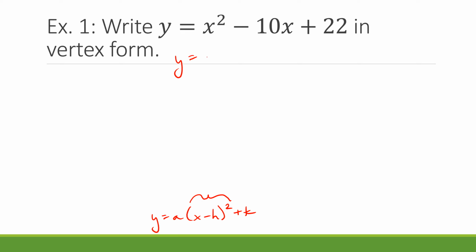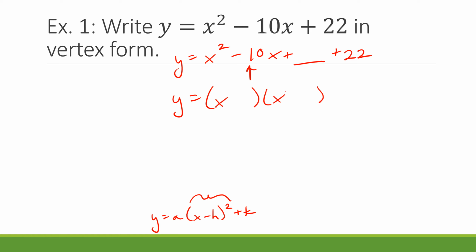Let's say, hey, this 22, it's not doing what I want. I'm going to set it way over here to the side, and I'm going to stick a number right here that does make a perfect square trinomial. Remember, to make a perfect square trinomial, I need to find something that adds to -10 that's the same, so that I can have exactly the same factors.